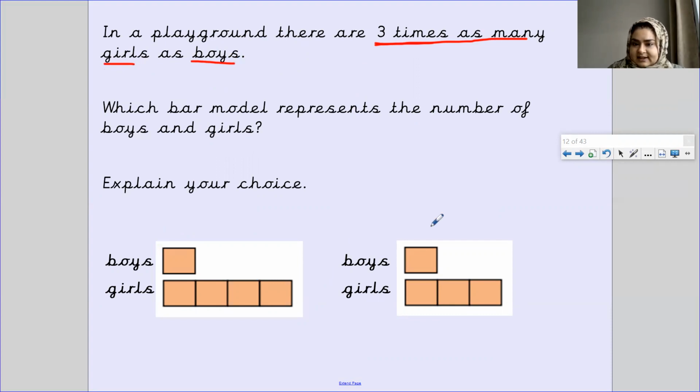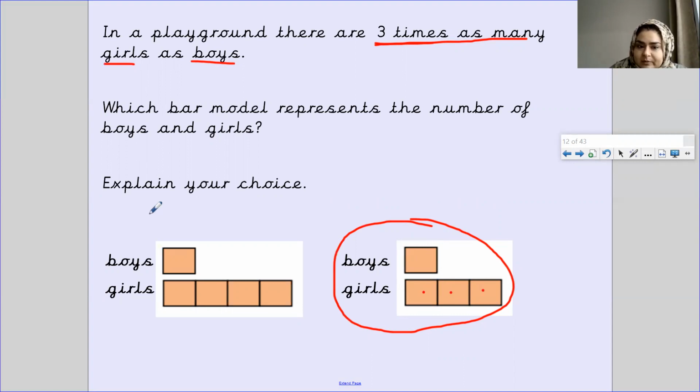Okay, fantastic. The answer should have been this, because it says 3 times as many. This would be 3 times as many because there are 3 squares in the bar representing the girls, and then there's 1 representing the boys. So if it's 3 times as many girls, you would count from square 1: 1, 2, 3.